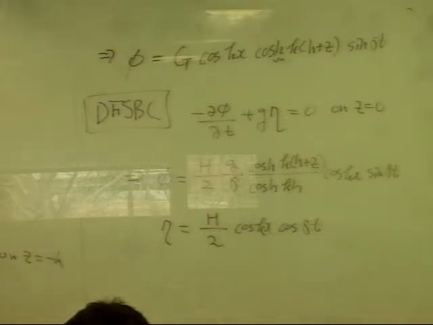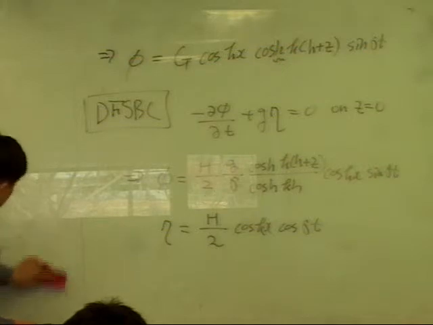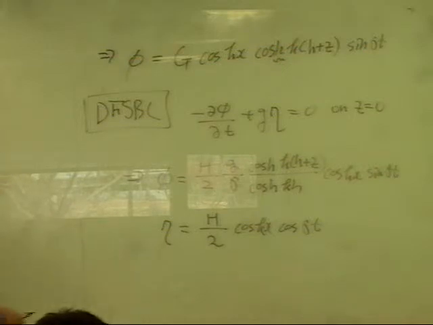But we have one more boundary condition here, so it's not all the boundary conditions. To make the equation satisfy all the boundary conditions, we need to consider one more: the kinematic free surface boundary condition.